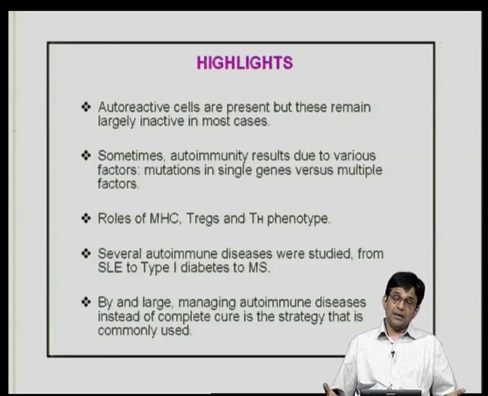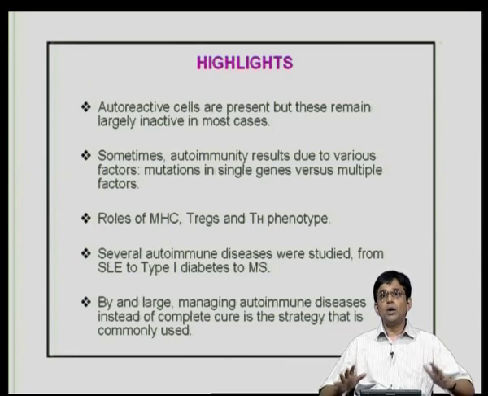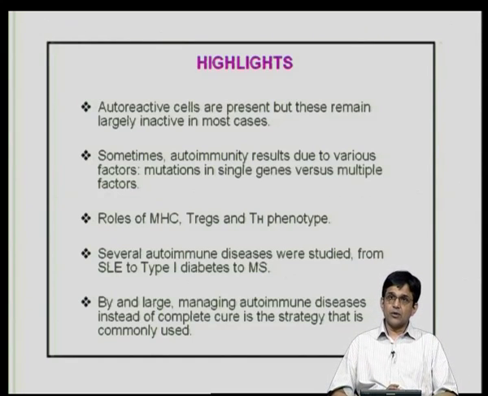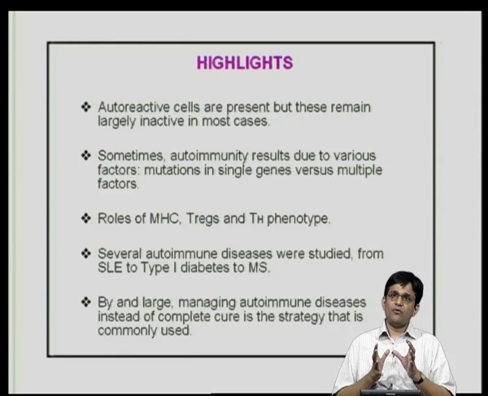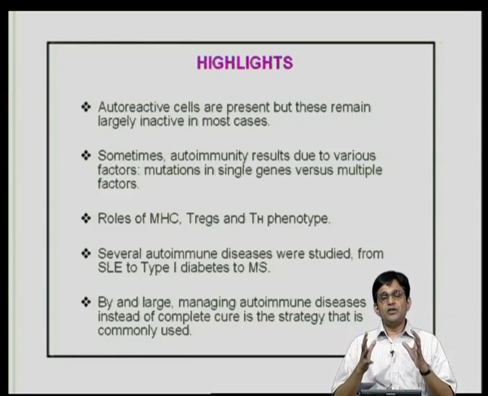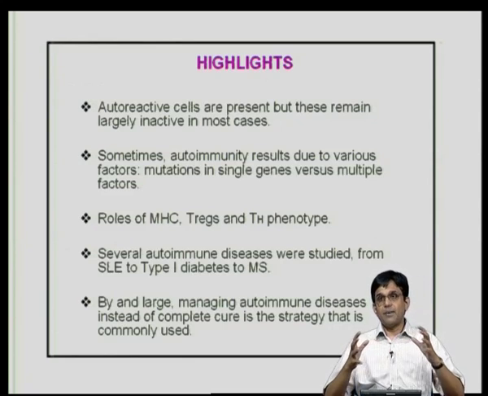And in cases like multiple sclerosis, you can use interferon beta, which has been shown to be extremely useful in slowing down multiple sclerosis. Overall, what this class has dealt with is a case of a rebel scenario in which autoimmunity results from certain rebels.